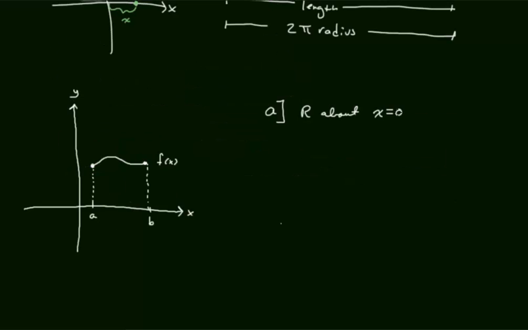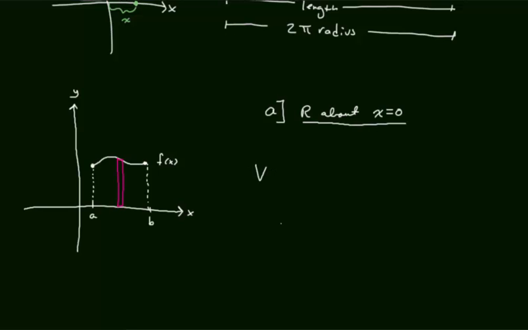Now consider the graph of f of x bounded with the x-axis between the x values x equals a and x equals b. In part A, we want to take that region and rotate about the y-axis, or x equals 0. We're going to first draw the rectangle that makes sense, and that must be a vertical rectangle. Then we're going to express the volume of it.